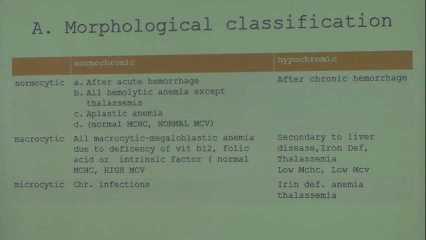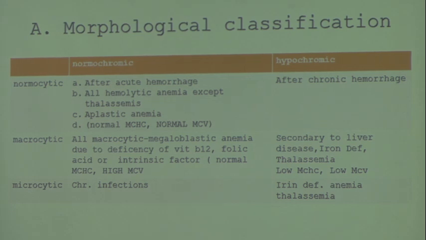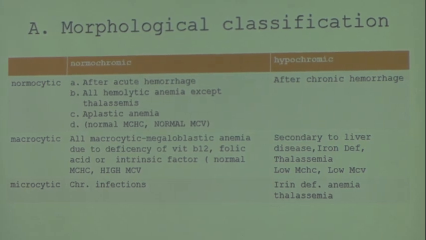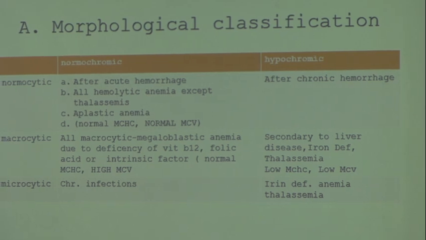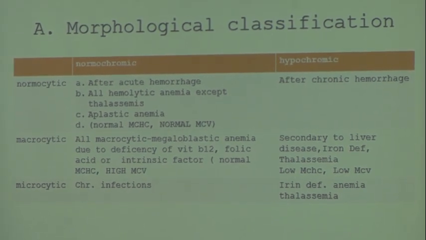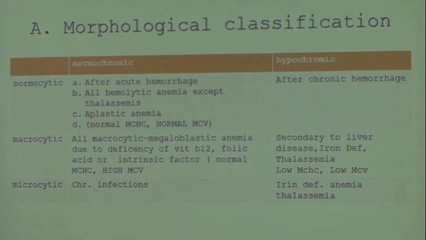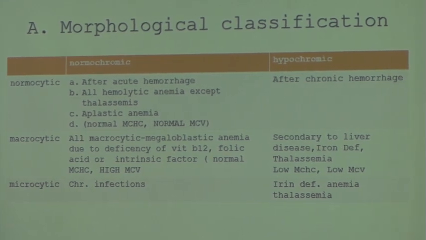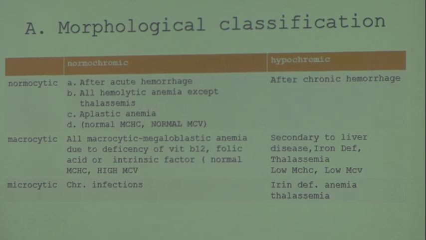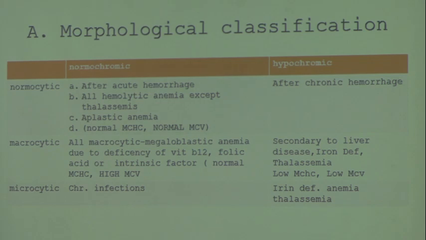In such cases MCHC is normal, MCV is normal. Normocytic hypochromic anemia, for example, occurs after chronic hemorrhage. Macrocytic: all megaloblastic anemias, vitamin deficiency anemias, vitamin B12 deficiency that is pernicious anemia, and folic acid deficiency, that is megaloblastic anemia.